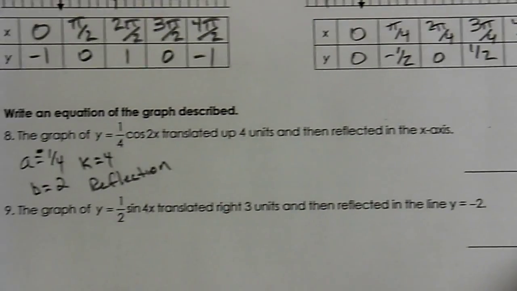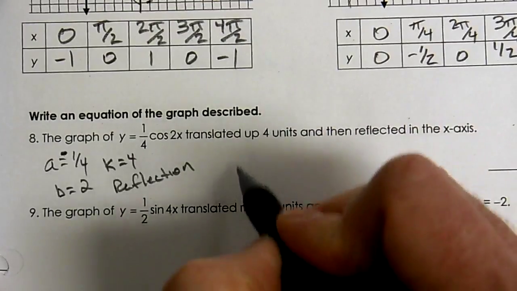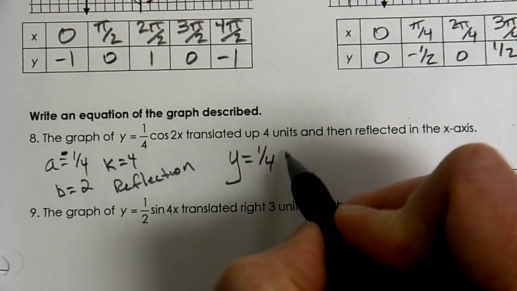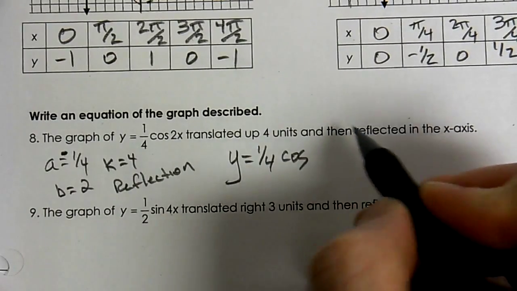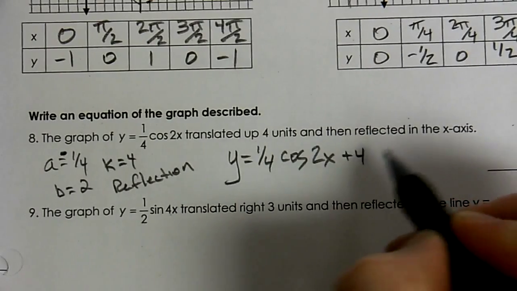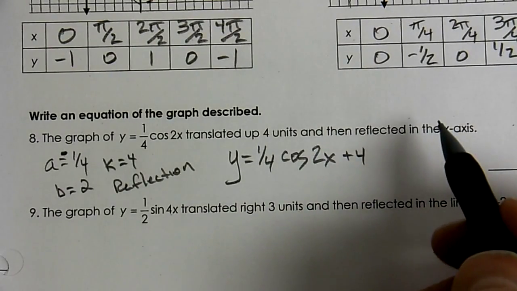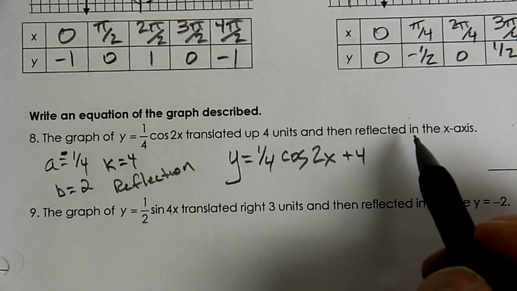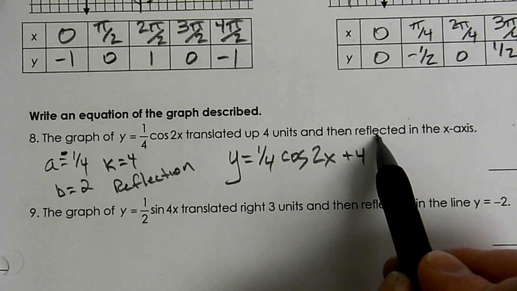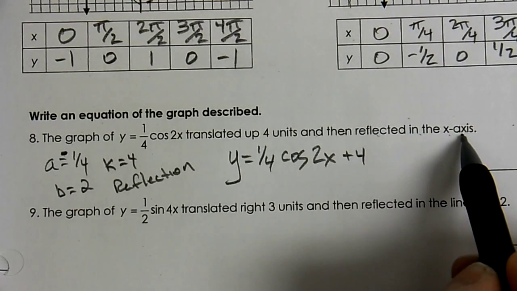So we'll say y equals 1/4 cosine of 2x plus 4. Let's see, this says and then reflected over the x-axis.